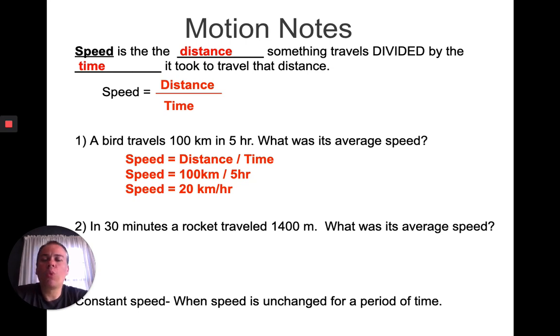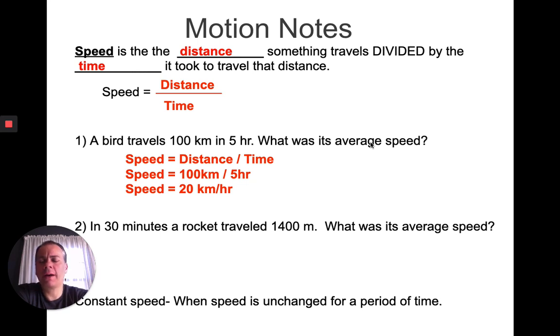Remember, what we do with our numbers, we also do with our units. So that's where we get kilometers per hour. If here we had different units, then our units in the final answer would be different. Again, what you'll also notice here, I'm talking about average speed.